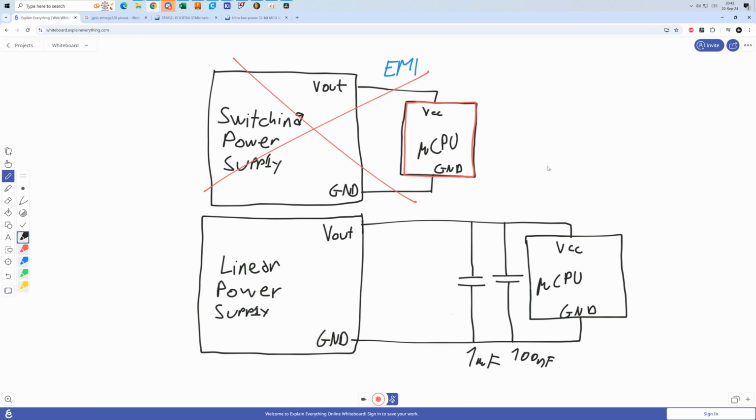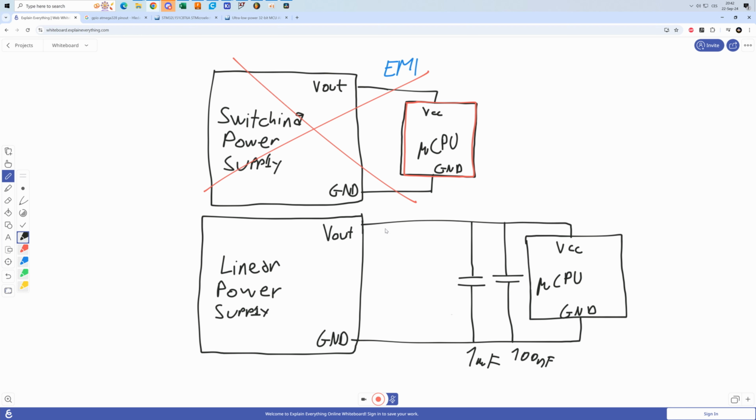So this is why instead of one big capacitor, we are splitting the capacitance into multiple capacitors like so. Usually you will see 100 nanofarad at pretty much every supply rail of every chip that you see on every circuit board. And if you really want to have the voltage as EMI proof as possible, you also put a 1 microfarad or a 10 microfarad or just a higher capacitance over here.